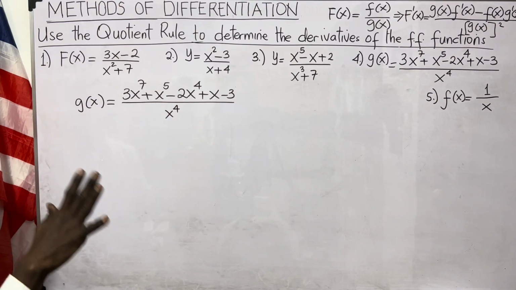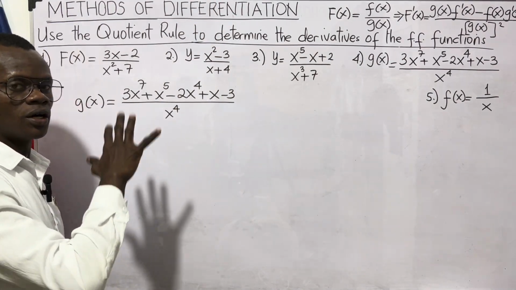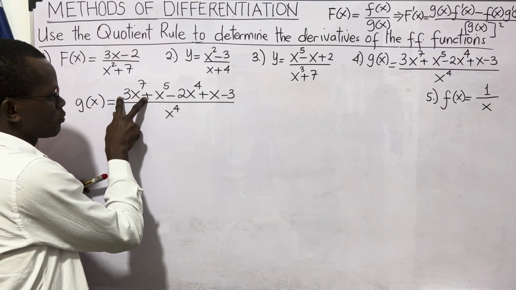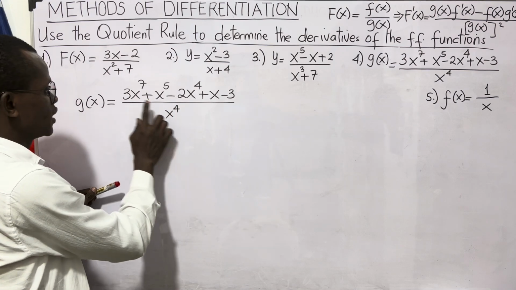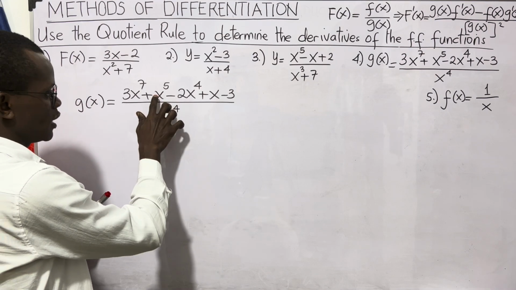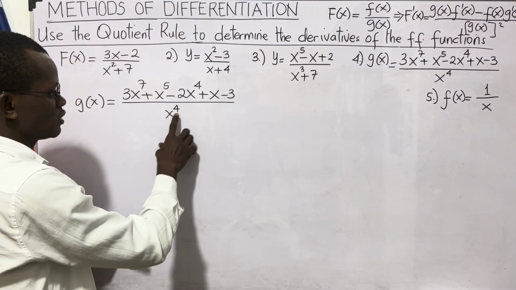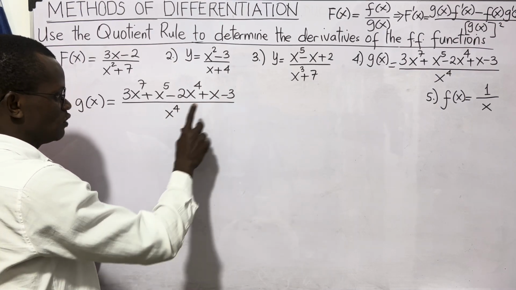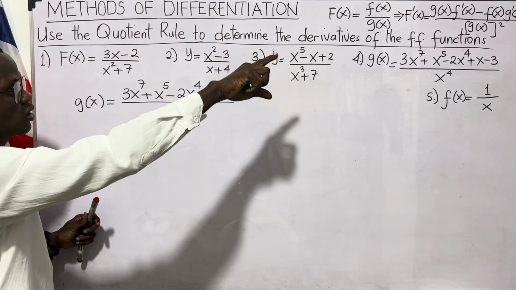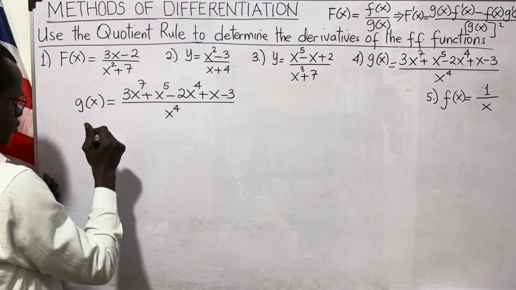Now, if we were not asked to use the quotient rule, we could use the power rule right here. That is, we can express each term over this denominator. So we can say 3x to the 7th power divided by x to the 4th power, x to the 5th divided by x to the 4th, 2x to the 4th divided by x to the 4th, x divided by x to the 4th, and minus 3 divided by x to the 4th. We would do it that way. But since we were asked to use the quotient rule, we must follow the instruction.